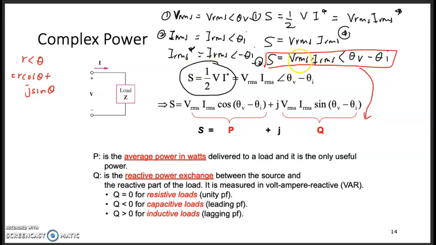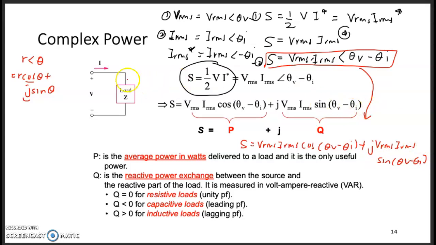So if I want to change this S, your S is equal to VRMS is the R, IRMS. So you start with cosine first: cosine theta V minus theta I. Now you move to the imaginary. There is J. What is the constant? VRMS IRMS sine theta V minus theta I.